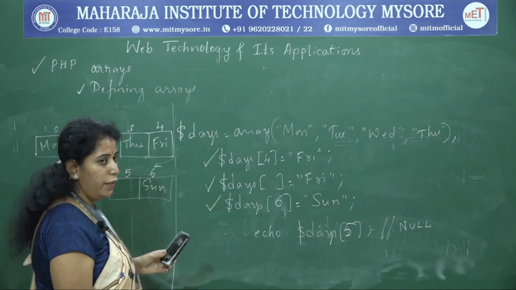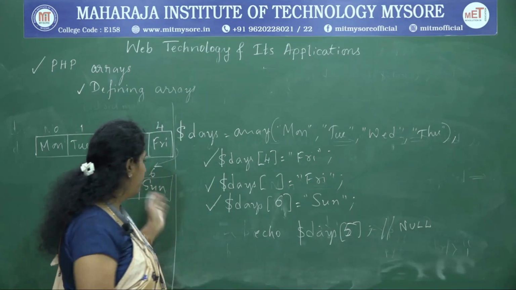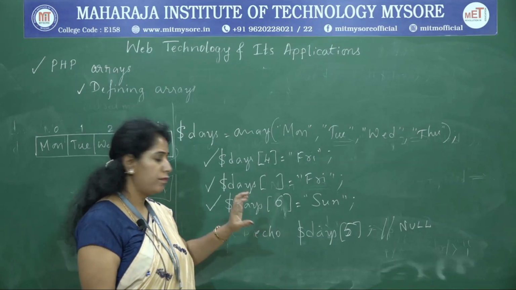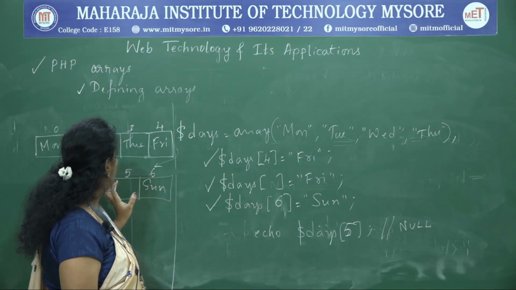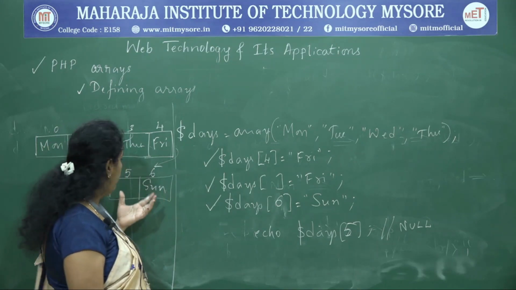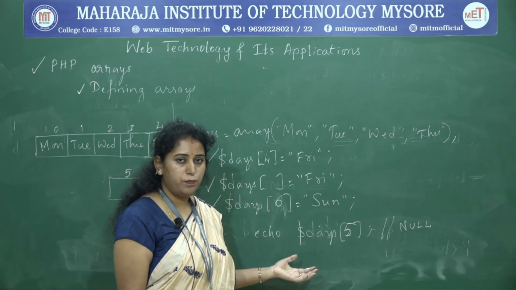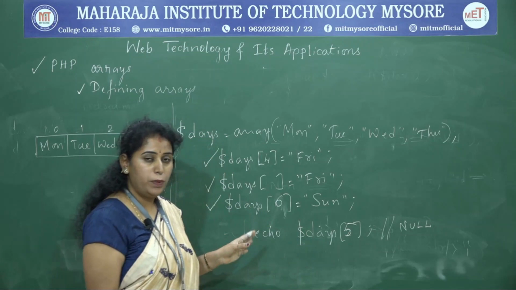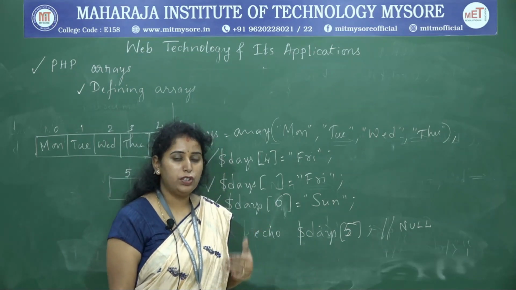So this is how, even though we have created a gap in an array, it still works well, it holds good. That's why I said that PHP arrays are quite different from the arrays of other programming languages.